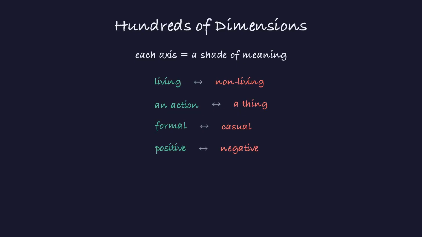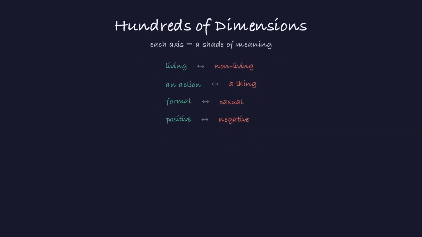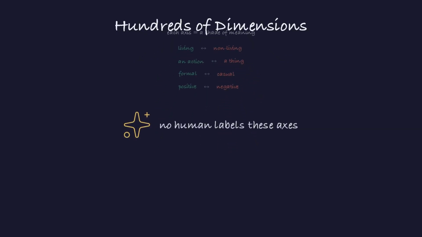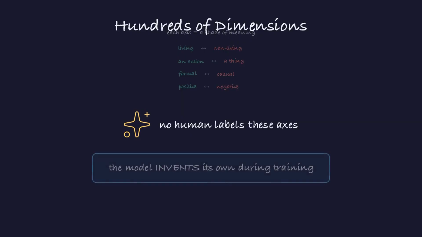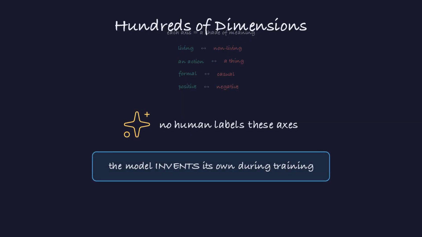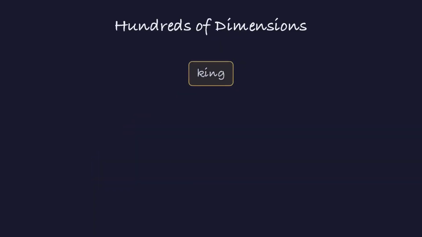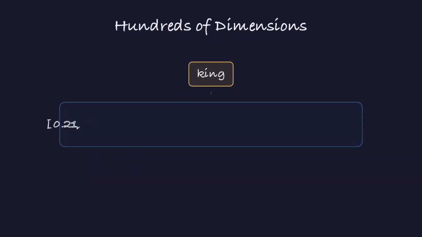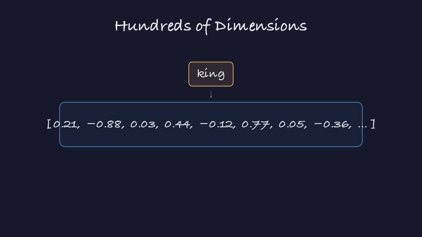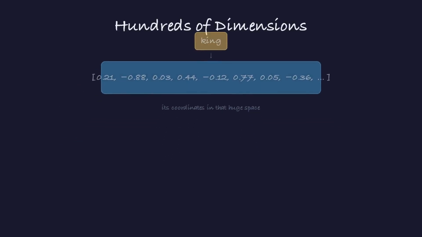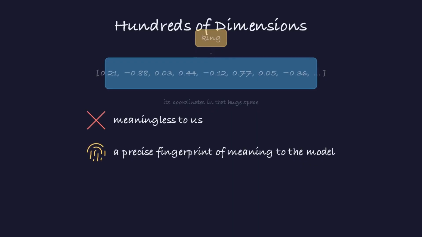An action or a thing, formal or casual, positive or negative. And no human labels these axes. The model invents its own during training, whatever best captures meaning. So in practice, a single word's embedding is just a long list of numbers. That list is its coordinates in that huge space. Looks meaningless to us, but to the model it's a rich, precise fingerprint of meaning.